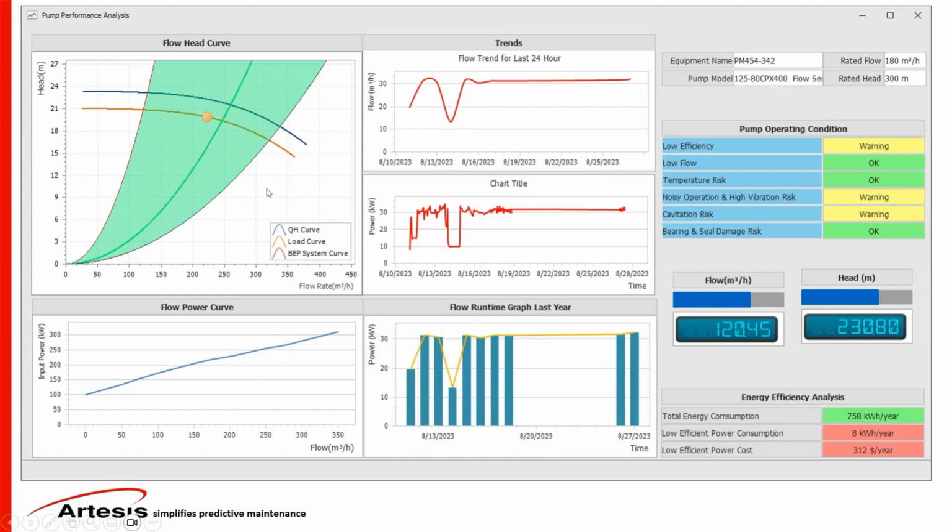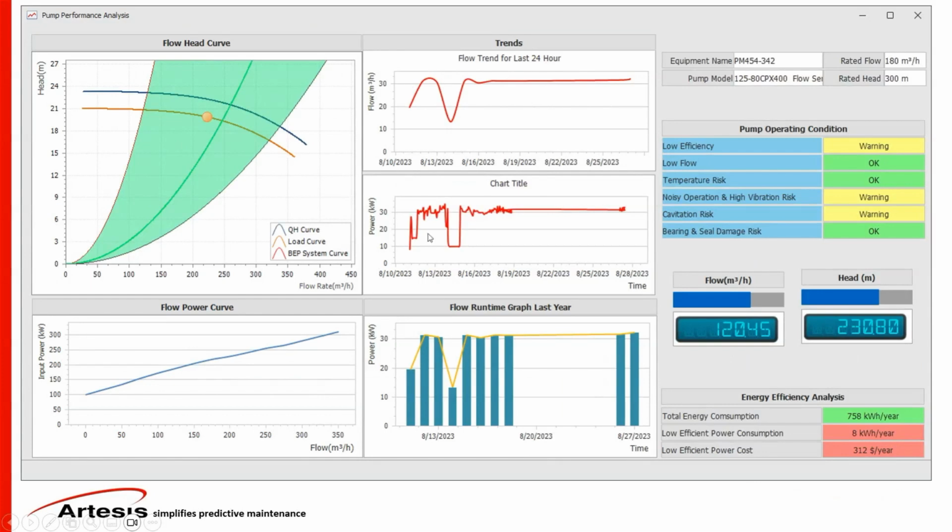And here, one last time, we're looking at this curve. You can see this is the preferred operation range, and we are constantly calculating the QH curve here, and dependent on the speed, we will create the system curve. Then you can see how the pump is performing with reference to its system curve.